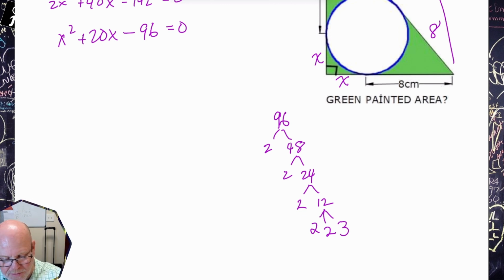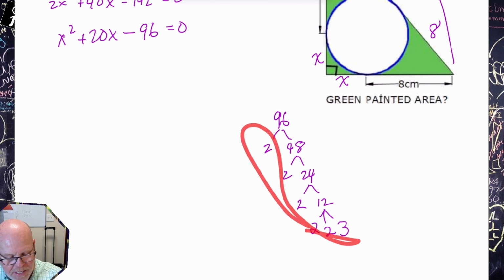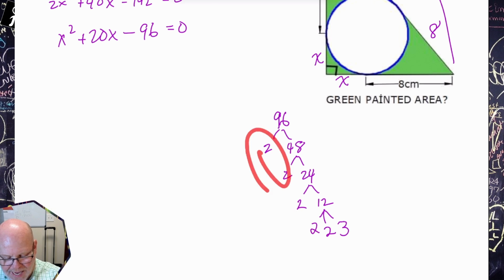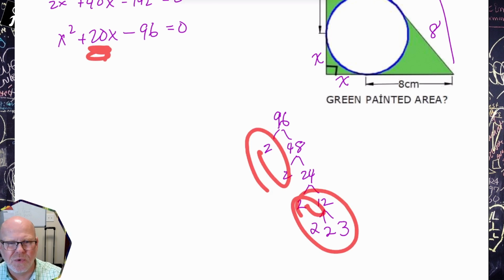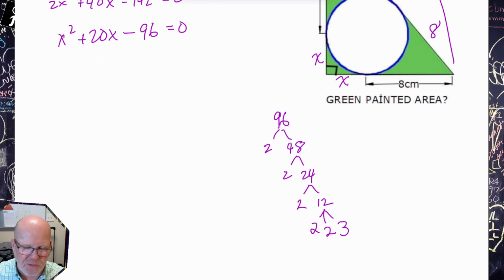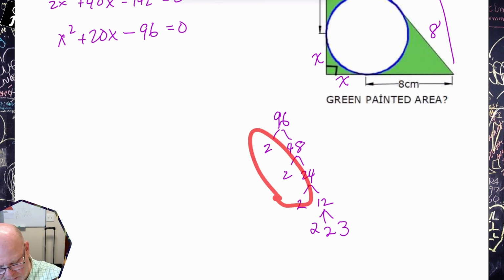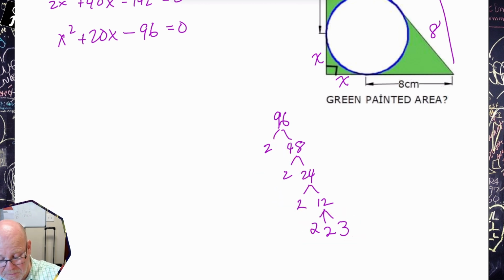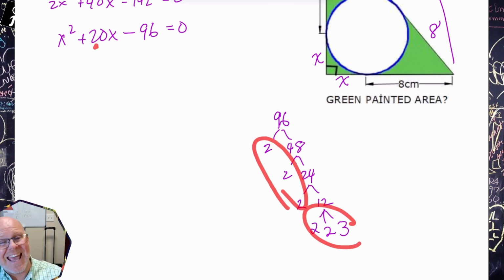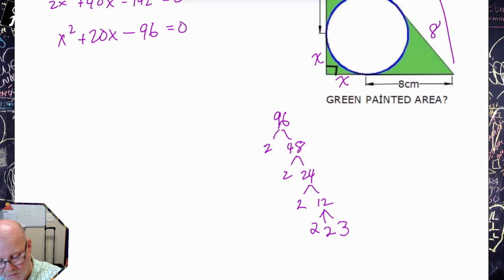And so now what I'm looking for is some sort of combination that is going to give me two factors that will equal 20 if I add them or subtract them or something like that. So like these guys, that's 8, and these guys are 12. So 8 and 12 is 20, except I know one of them has to be positive and the other has to be negative, because that's how we're getting negative 96.